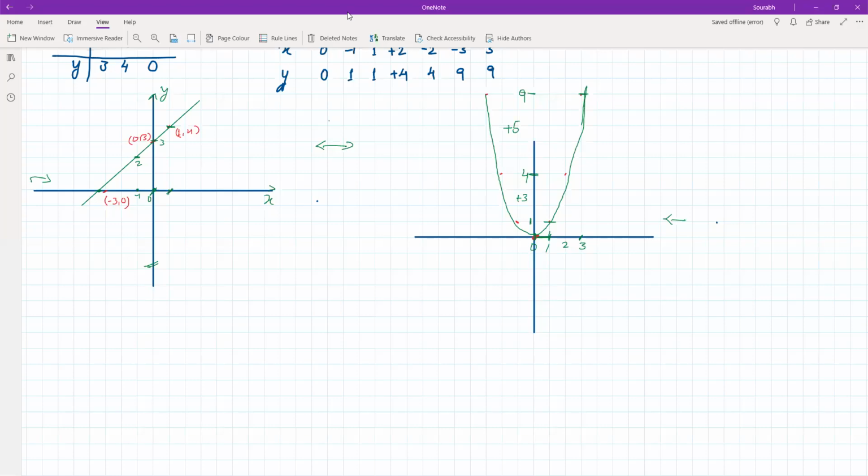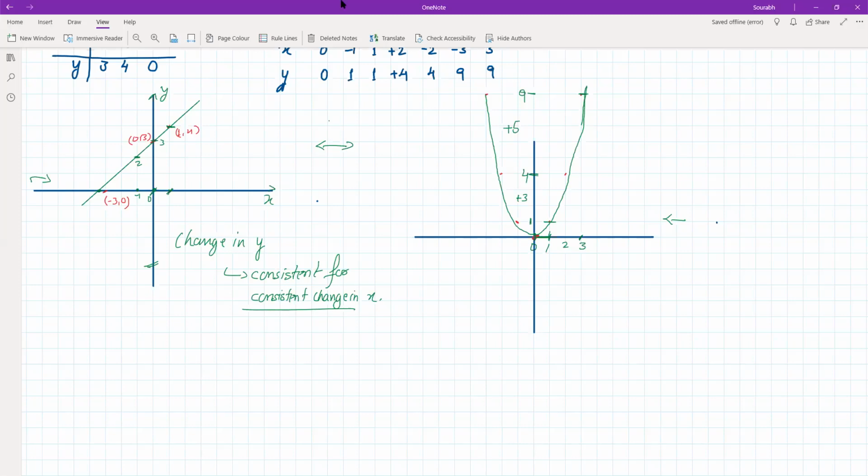But in this case, we have seen that the change in y is consistent for a consistent change in x. What does that mean?